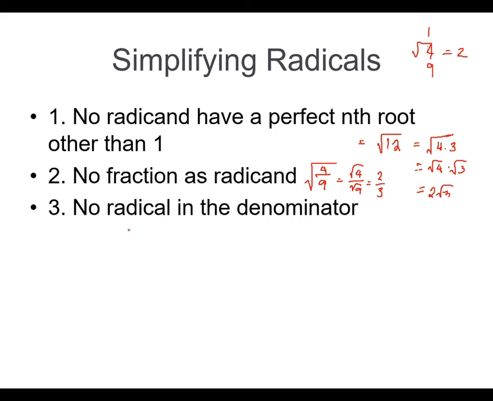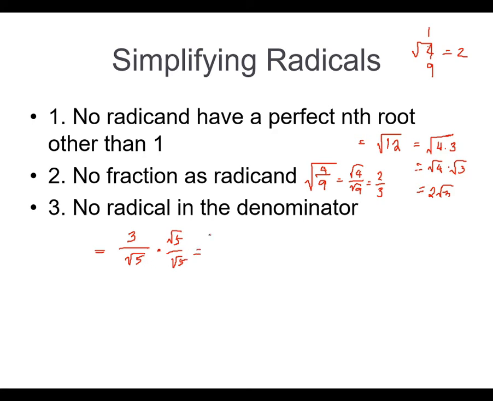Then number 3, no radical in the denominator. Example niyan is 3 over square root of 5. Hindi siya naka-simplest form kasi nga meron siyang radical sa denominator. Pwede natin gawin para maging simplified dyan, tinatawag na conjugate, no? We multiply numerator and denominator by square root of 5.